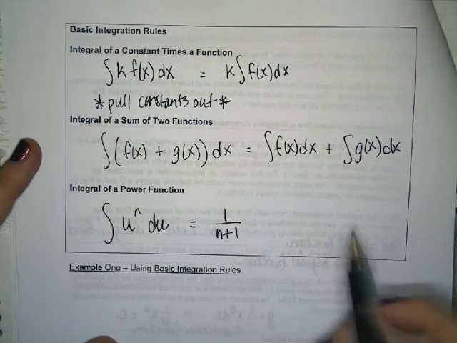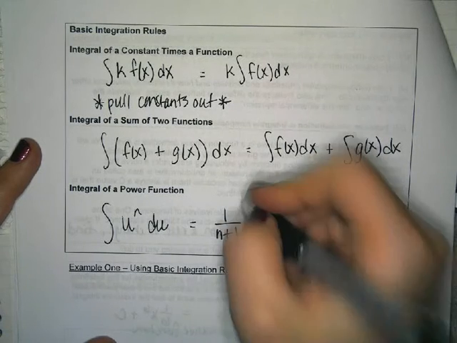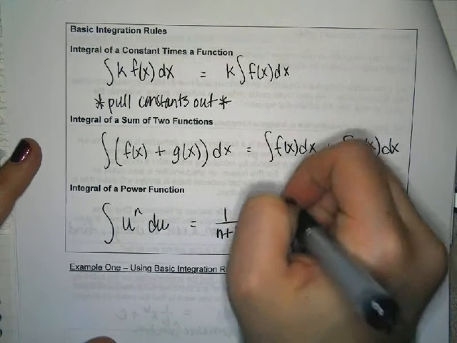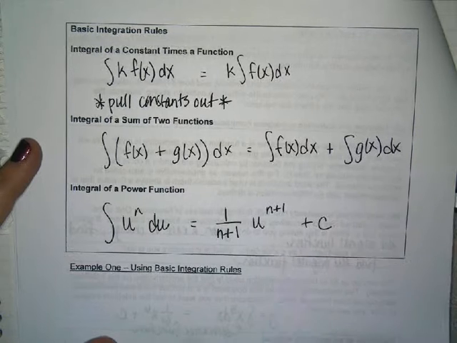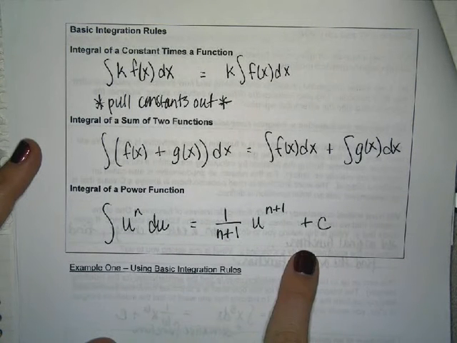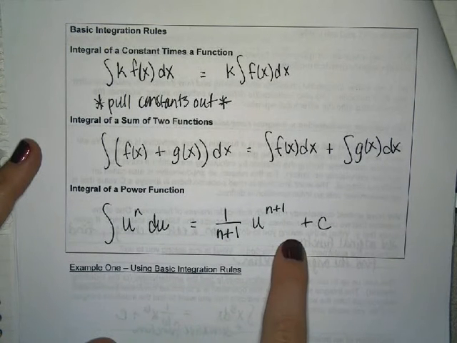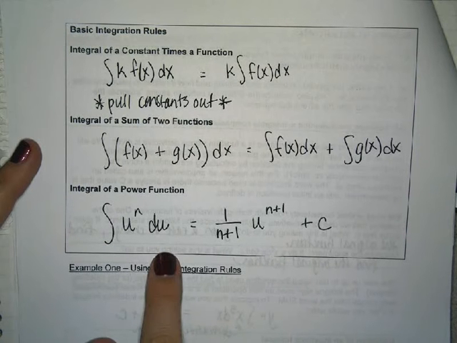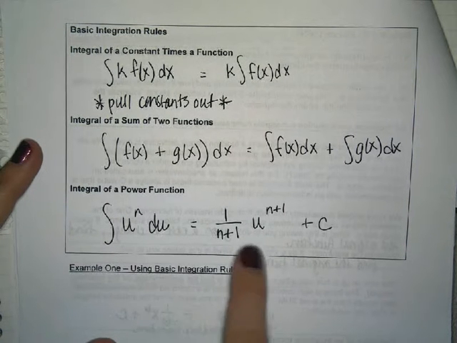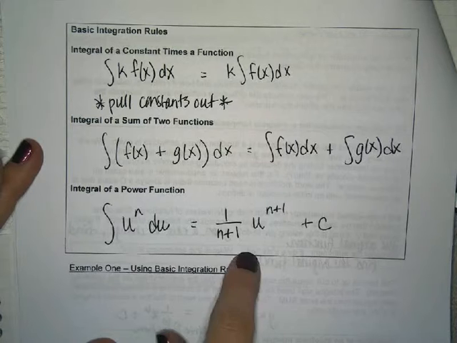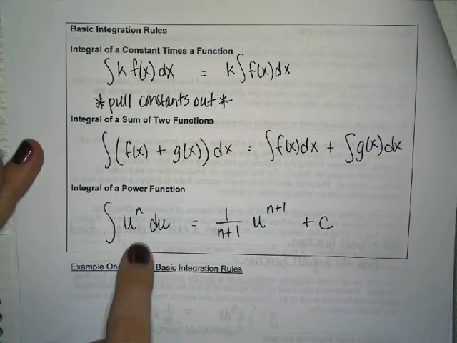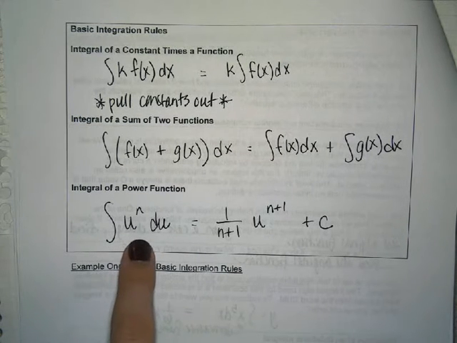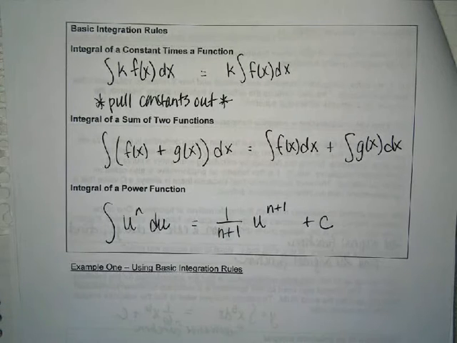I have a constant, so before I integrate, I'm going to pull the constant out. Again, not essential. You can usually do the problems without doing that. It just makes it nice because then you just have to deal with the x to the negative 20. Now this is the power rule, the integral of a power function, because you have a number as your exponent, not a function of x.